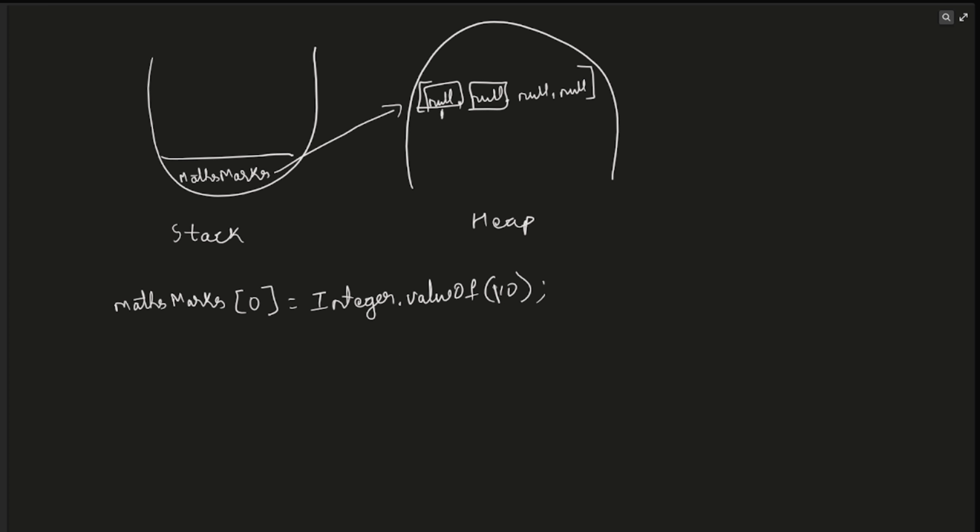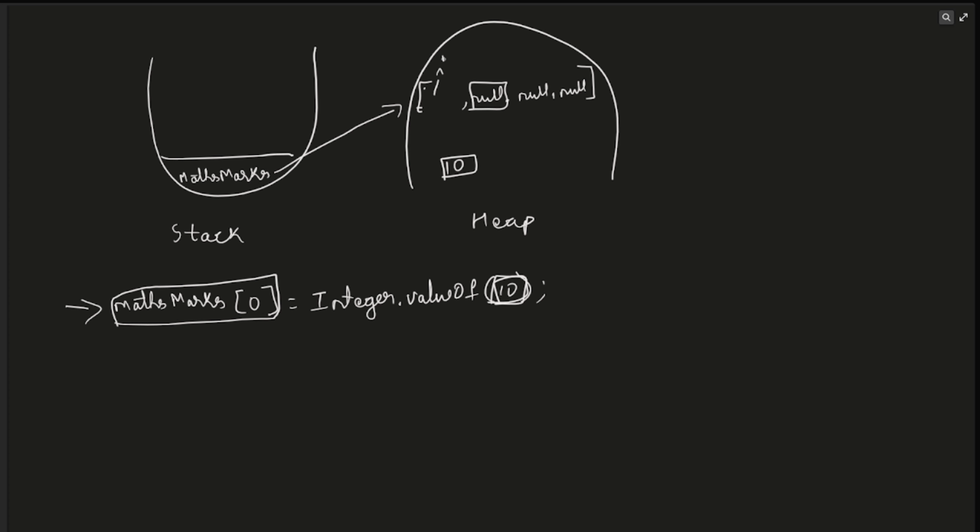In this case, this 10 will be treated as an object. Whenever this line is encountered in heap, it will create an object of 10, and this null will be overridden by a reference variable, that is maths marks 0.